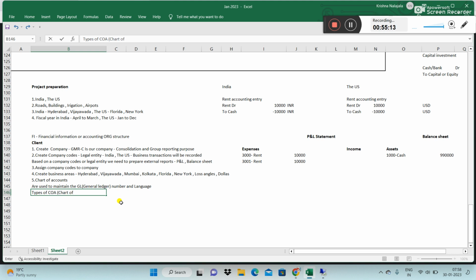Now we are done for today. Tomorrow, you guys have to help me. How many types of chart of accounts do we have in SAP? What are they? You have to tell me a definition also. If you want to note down, note down: types of chart of accounts in SAP, with a definition.